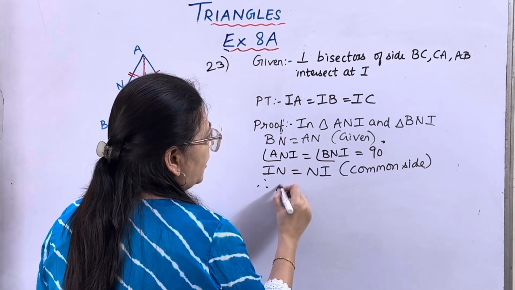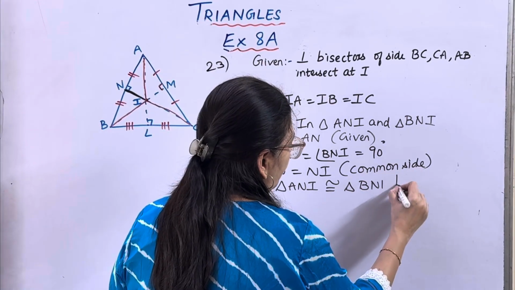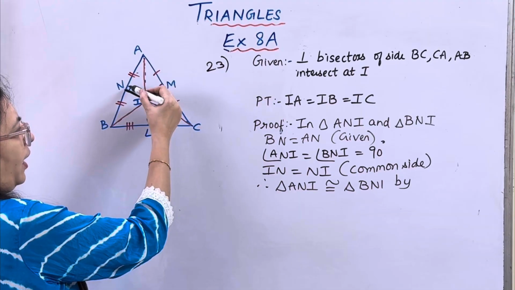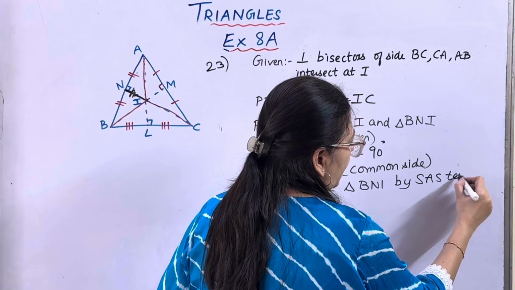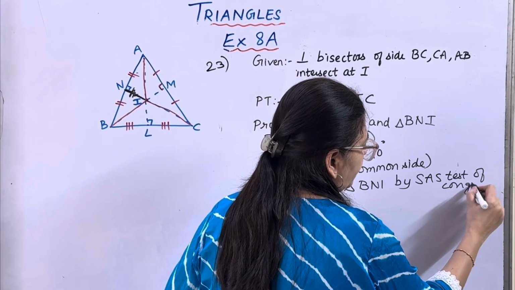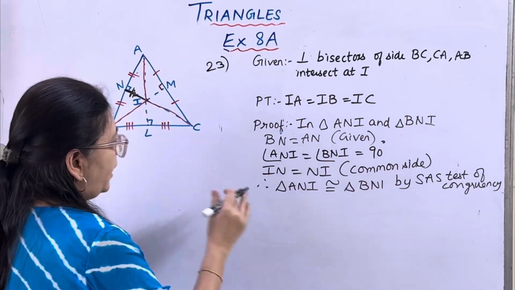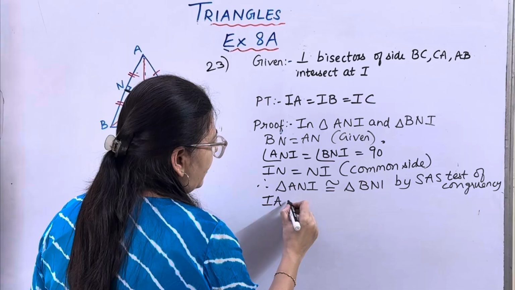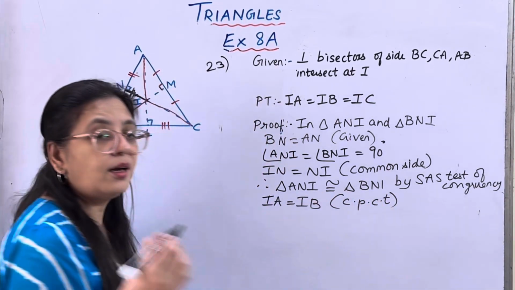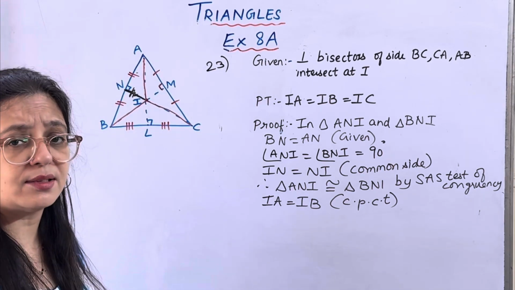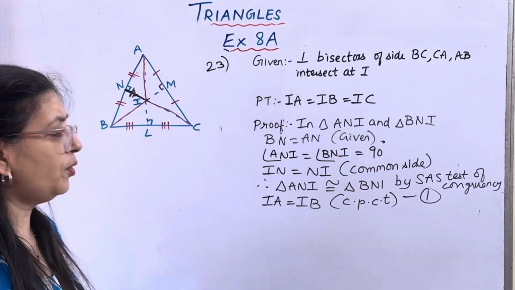So therefore triangle ANI is congruent to triangle BNI by which test? Side, angle, side. SAS test of congruency. Therefore, once these two triangles are congruent, I can say that IA is equal to IB. CPCT: corresponding parts of congruent triangles are congruent. This is my first proof that I have got.